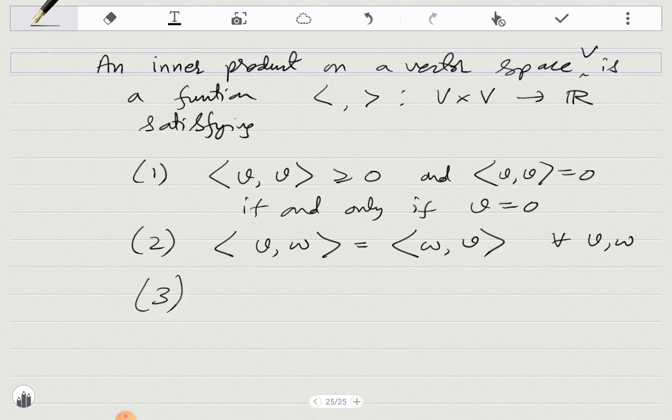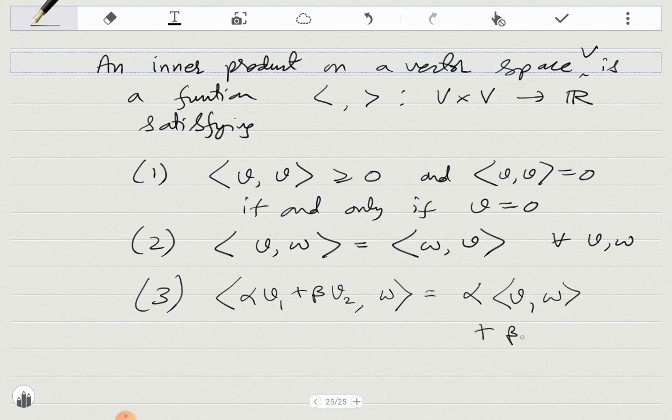The third property is that this inner product is supposed to be linear whenever we fix one of the inputs. See, the input for an inner product is two vectors. If I fix one of the vectors, I'll get a function from V to R, and that should be linear. So the inner product of alpha v1 plus beta v2 with w equals alpha times the inner product of v1 with w plus beta times the inner product of v2 with w.